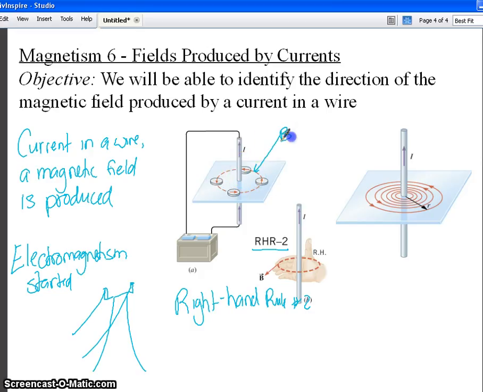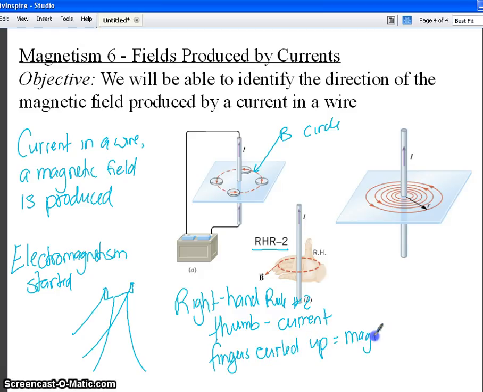In right-hand rule number two, our thumb is going to be the direction of current, and our fingers curled up are going to be the magnetic field.